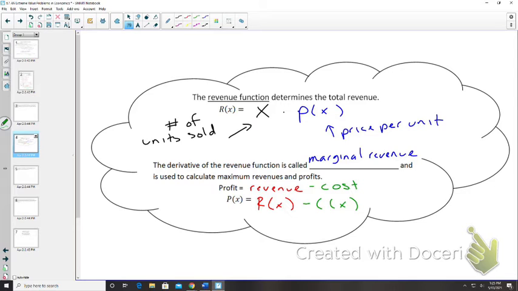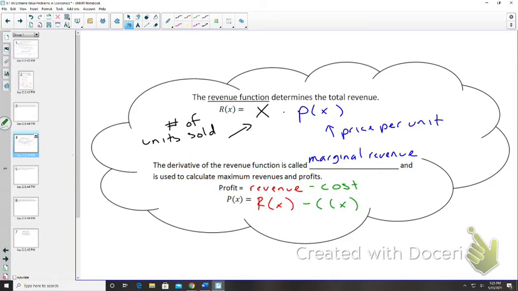So the profit function is equal to revenue minus cost. The revenue function is number of units sold multiplied by the price, and the cost is fixed cost plus the variable costs.